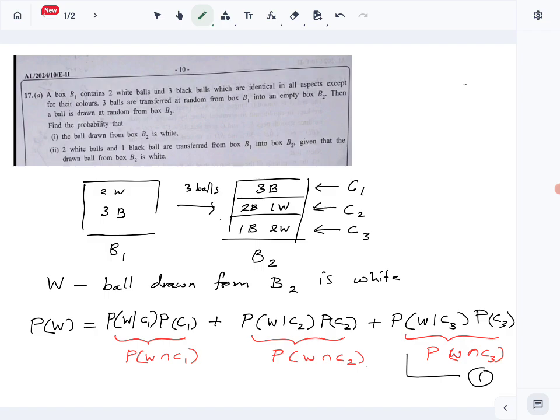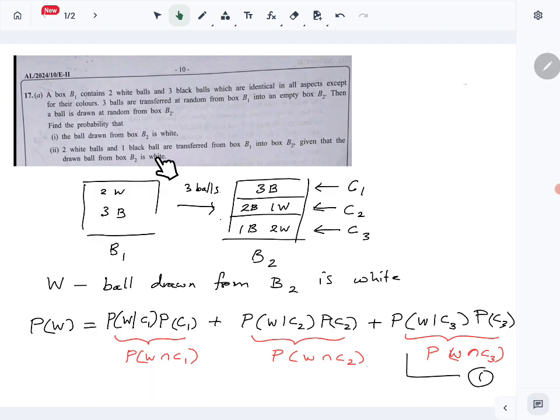Right. Now let's look at the second part. Second part is what? We want to find the probability of 2 white balls and 1 black ball being transferred from box B1 into box B2, given that the drawn ball from box B2 is white. Right.